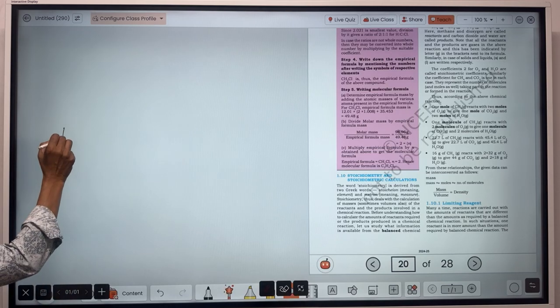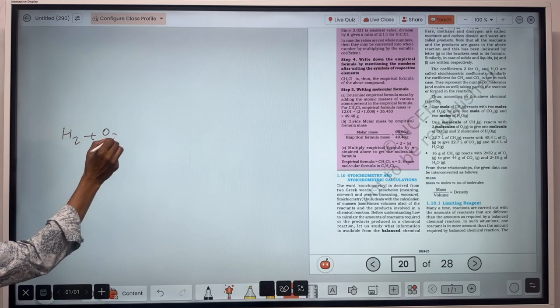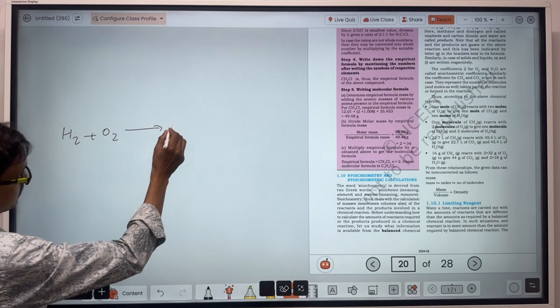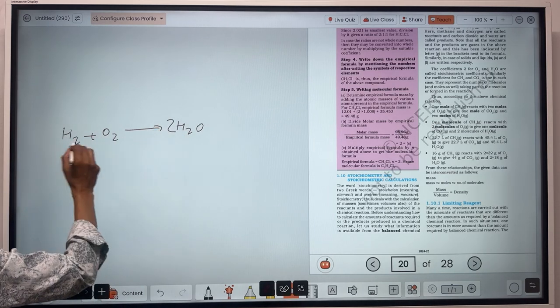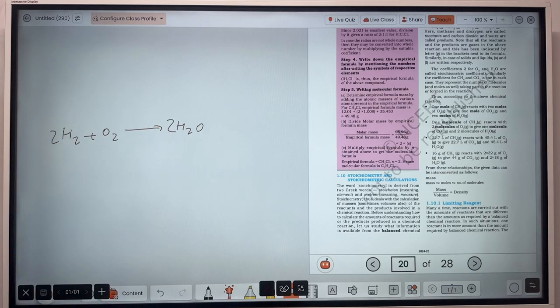When hydrogen reacts with oxygen and there is formation of water, how to balance them? In this case, the stoichiometric coefficient of hydrogen is 2. Here 2 is written.